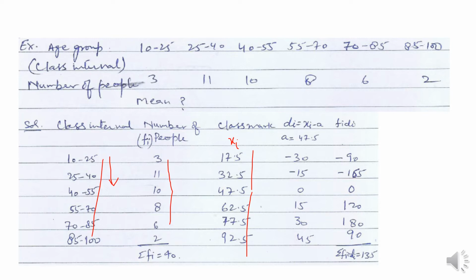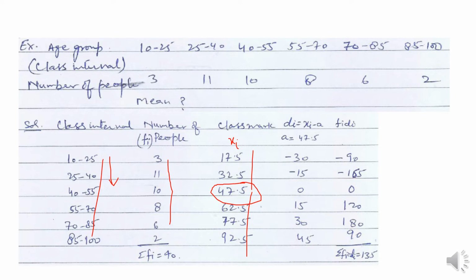So di is equal to xi minus a, where a is the assumed mean. Here 47.5 is the assumed mean. You can take any value, but we generally take the mid value. I have checked that even if we take the first value or the last value as the assumed mean, we will get the correct answer. But generally we take the mid value.